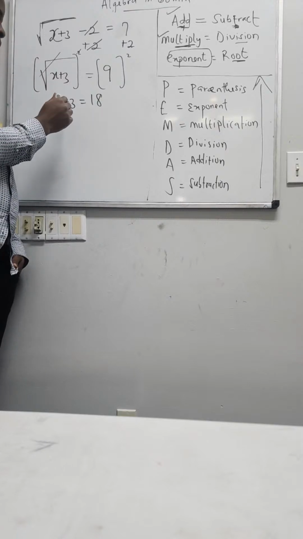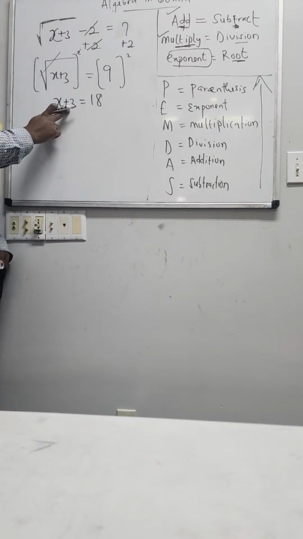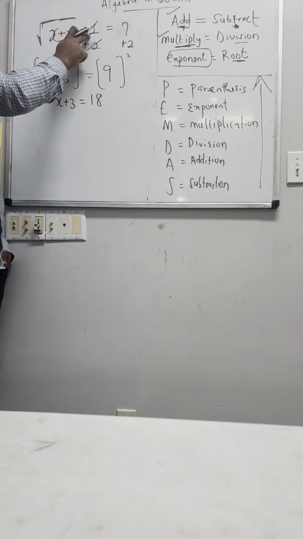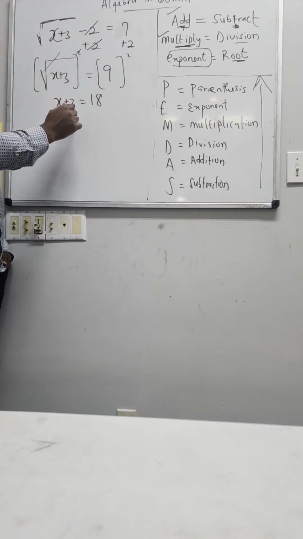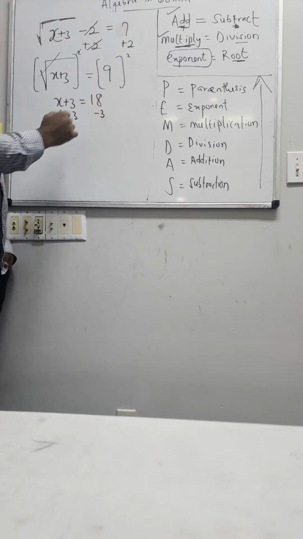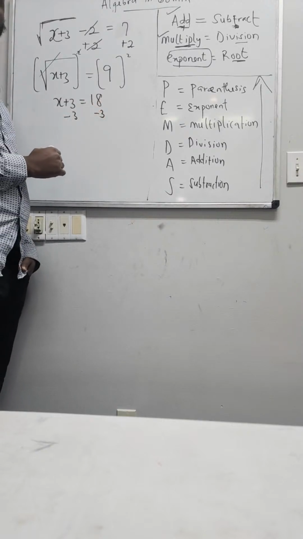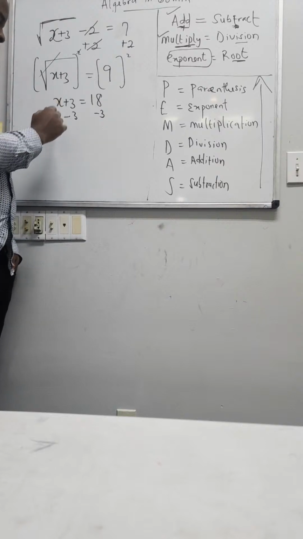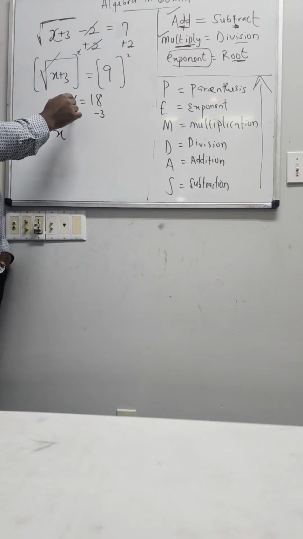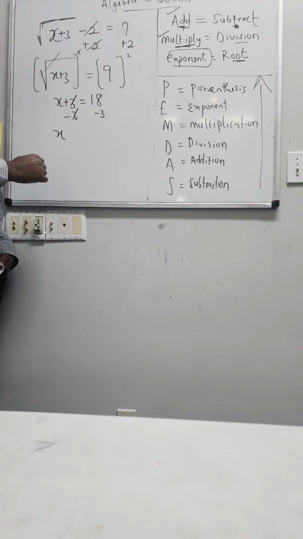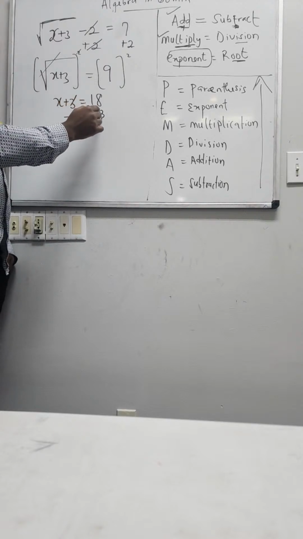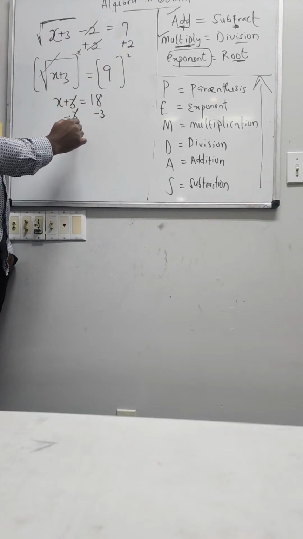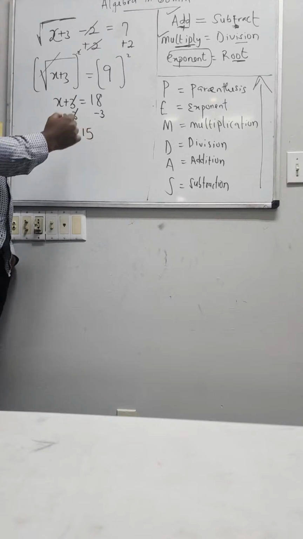To do that, this is positive. The same rule we used, you add negative 3 to both sides. So here we have x, 3 minus 3 cancelled out. 18 minus 3 gives 15.